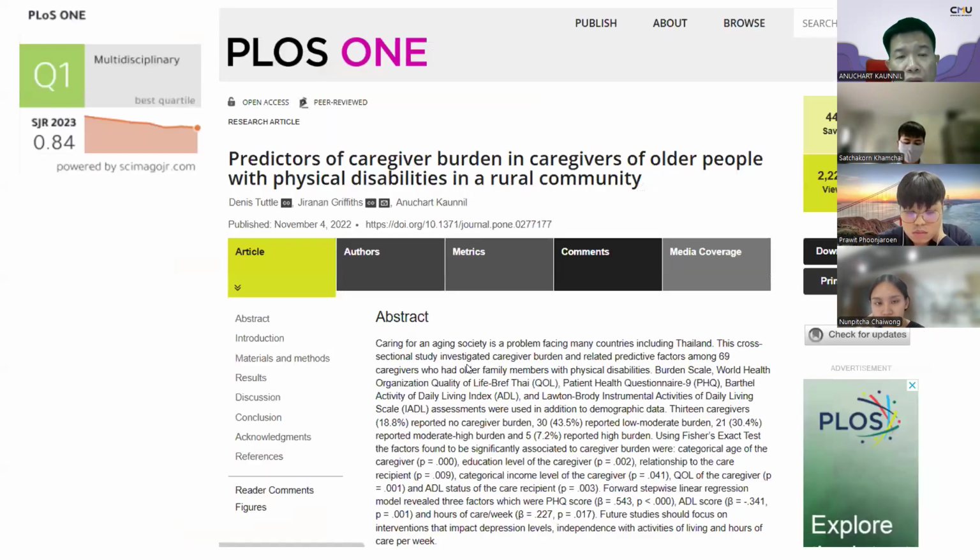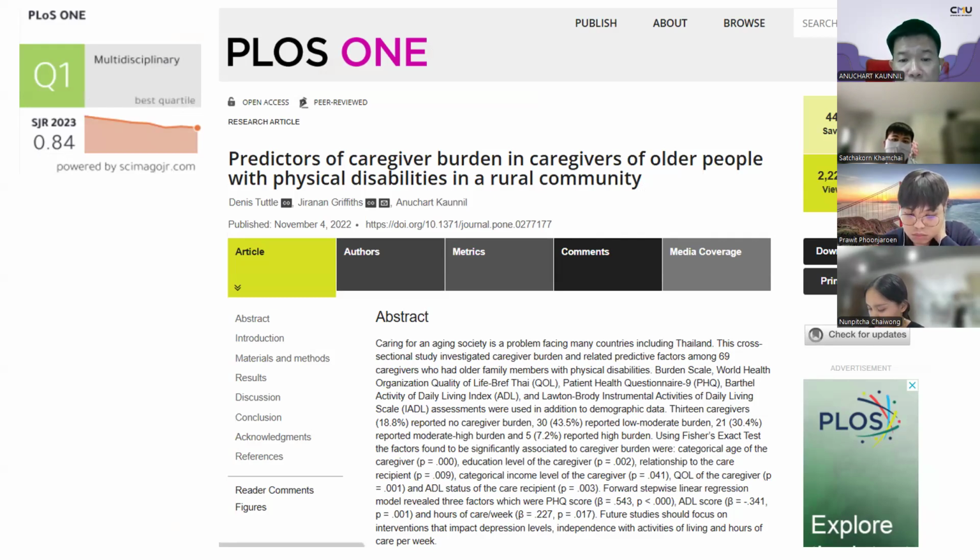This is, for example, another quantitative study, from Taiwan, Q1. We published it in PLOS One. We tried to find out about the burden of caregivers in Mae On village in San Kamphaeng when taking care of people with disability.